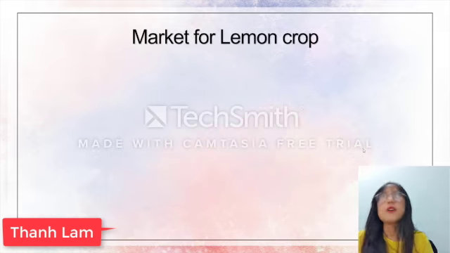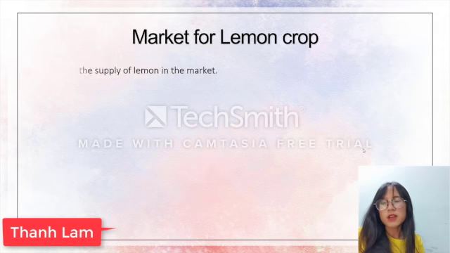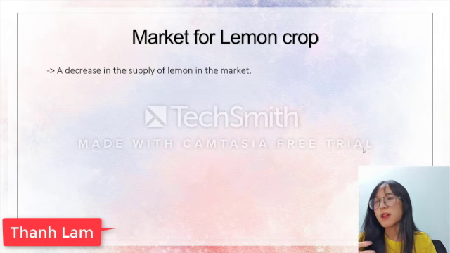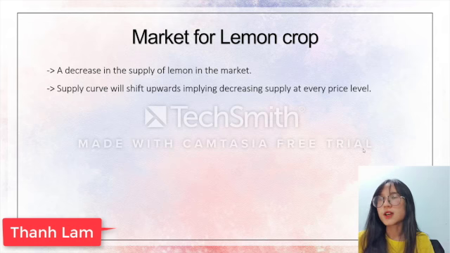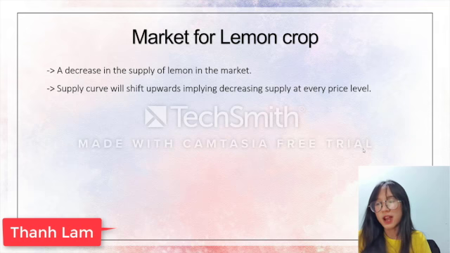First, the market for the lemon crop. A decrease in the supply of lemons will shift the supply curve upward, implying decreasing supply at every price level.